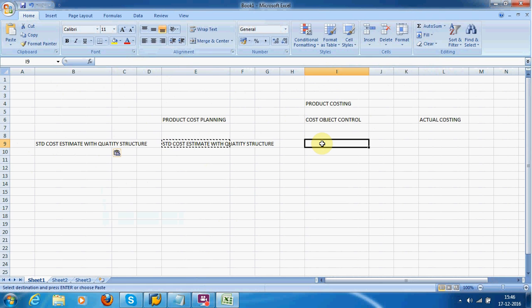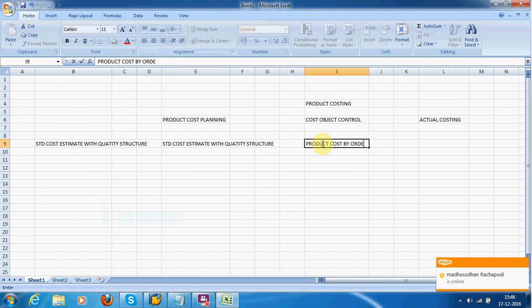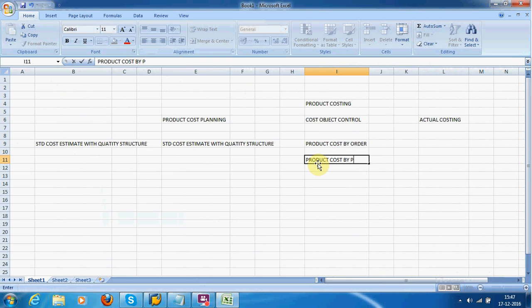In cost object control we have the following topics: product cost by order, product cost by period, and product cost by sales order.